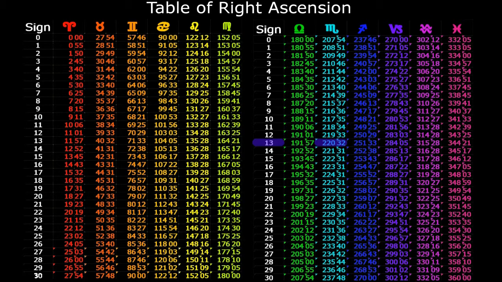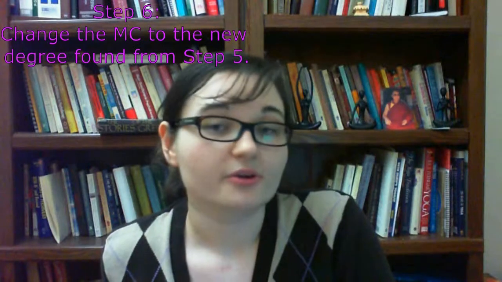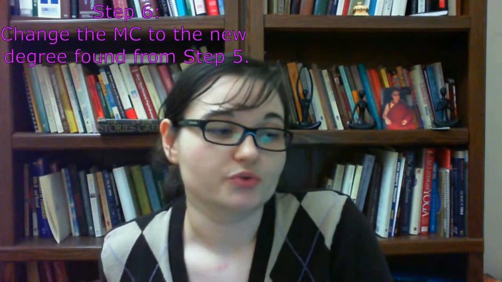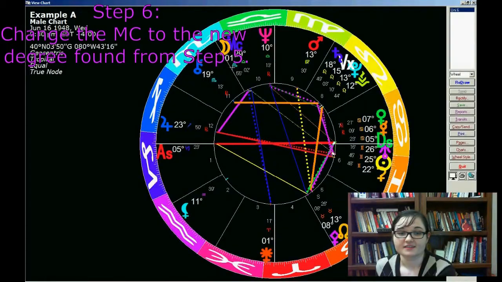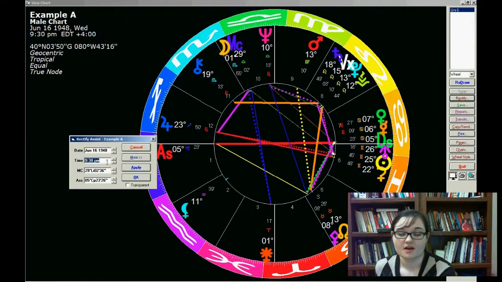So we want to go back to the chart, our base chart of the approximate birth time, and we're going to change the midheaven to the new degree found from step 5. Now, like I said, it's supposed to be at 13 degrees Scorpio, so just type in 13 Scorpio.